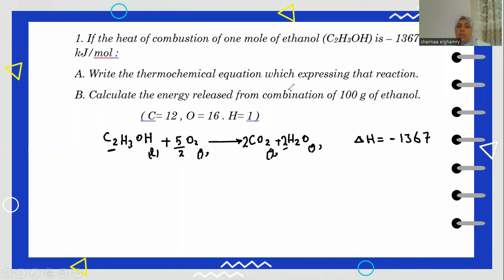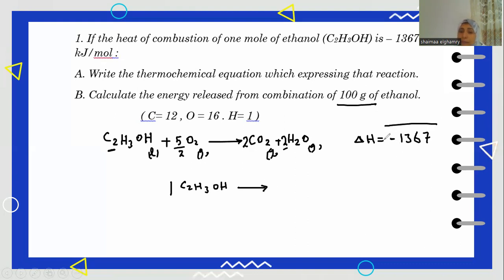Calculate the energy released from the combustion of 100 grams of ethanol with oxygen. From the equation in front of you, we can say that 1 mole of ethanol releases an amount of energy.